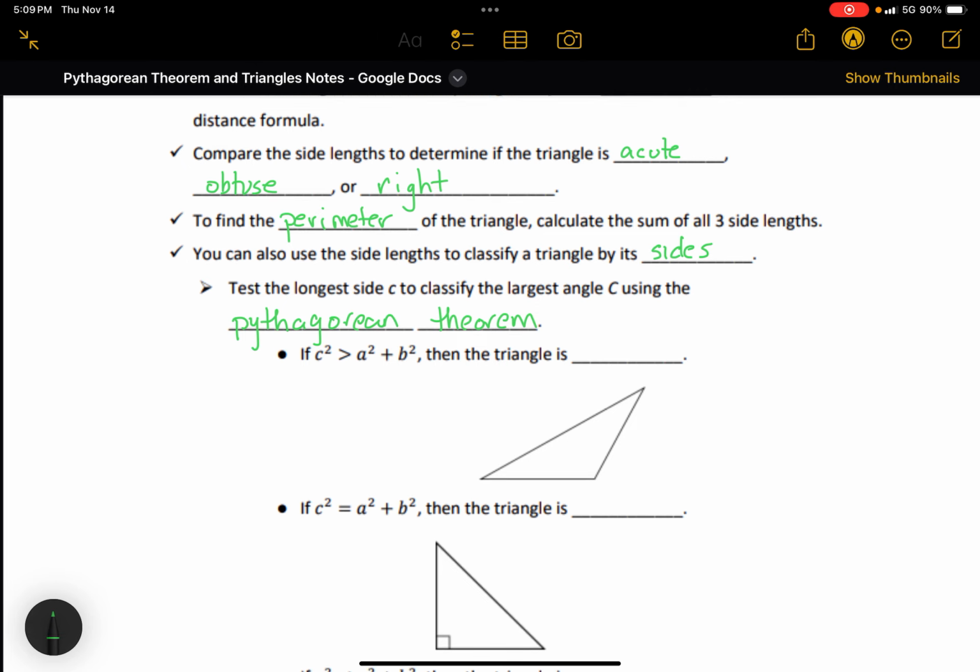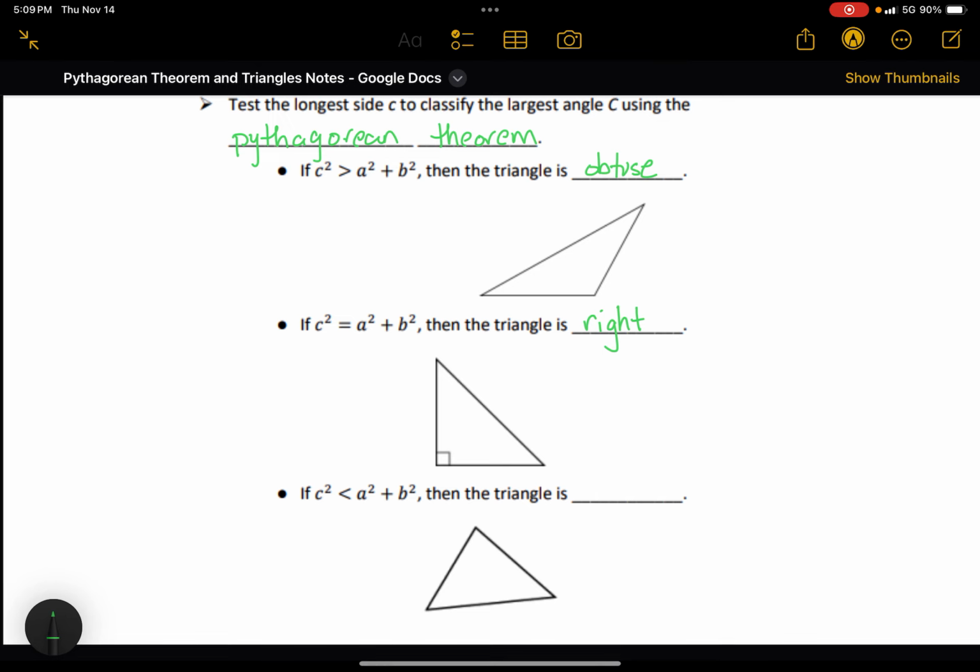If C squared is greater, it is obtuse. If it's equal, it is right. And if it's less than, it's acute.